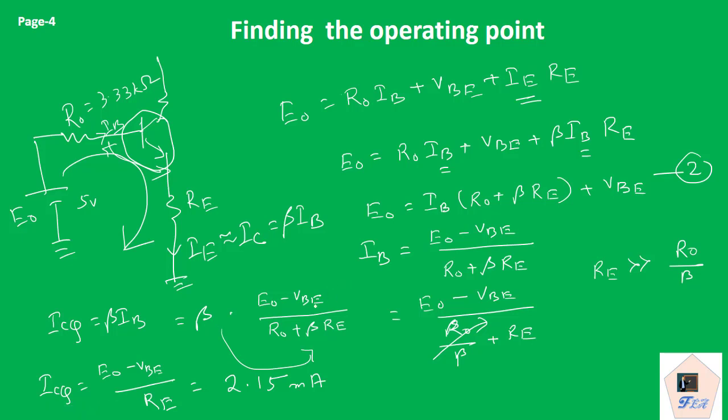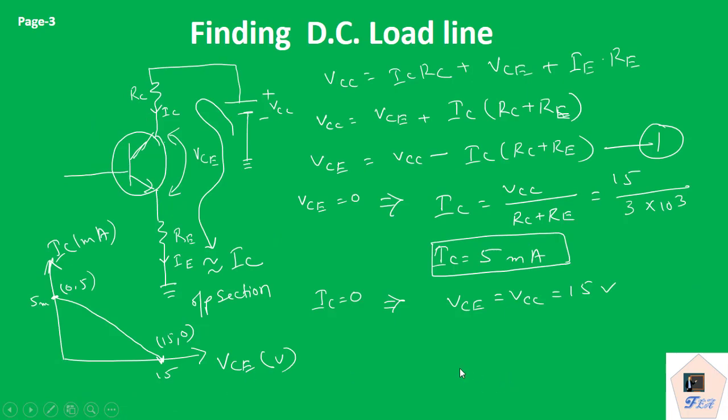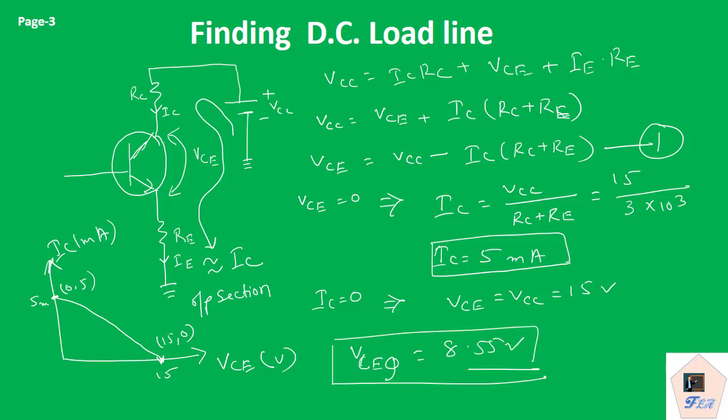Similarly, if we substitute this value ICQ in the output equation, then we can find the value of VCEQ. That value we'll find as 8.55 volt. Just substitute these values. Here I am not showing these values. Just put these values of ICQ here instead of IC, and RC, RE already given, VCC we already know.